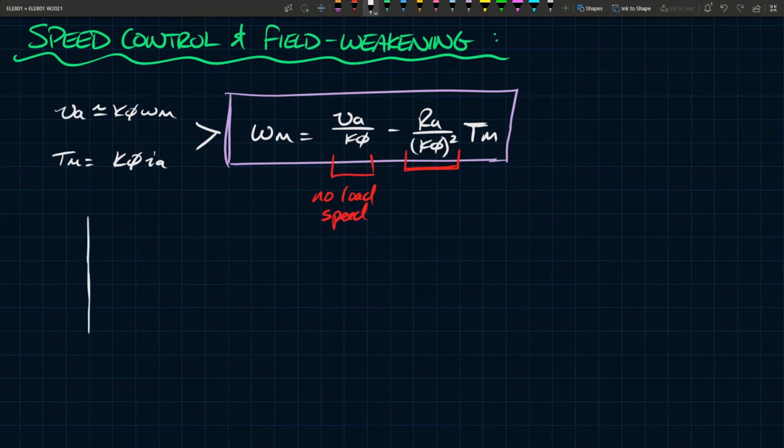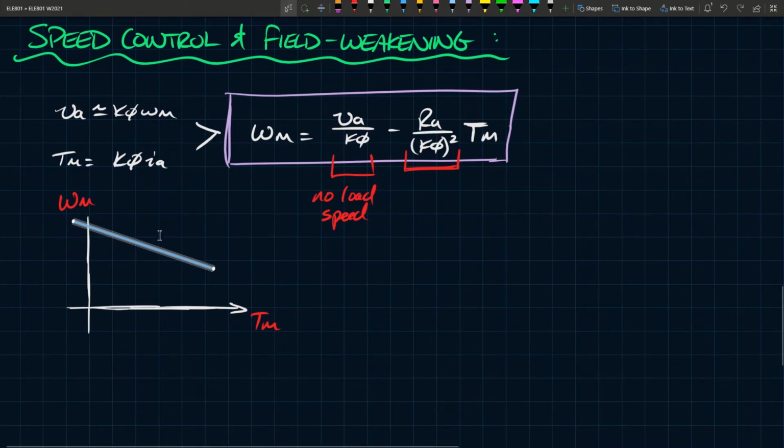So how do we visualize this? Let's take a look at this plot, and let's put here Tm, and here omega m. You start with some no load speed, using a straight line like this. I'm going to use multiple lines because it'll illustrate the concept a bit better. Let's use a green one, and then another one, which can be pink.